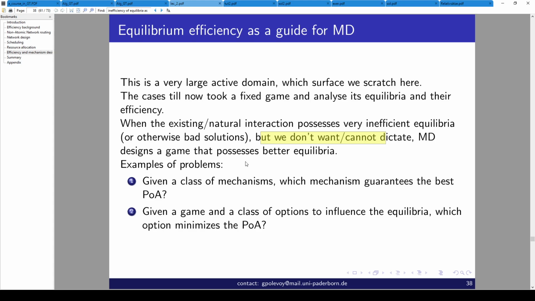Now another question is, when you are given a game already, it's not like from scratch. You can adjust the game so that the equilibrium will be influenced accordingly. Which adjustment shall you undertake in order to optimize the situation so that the price of anarchy is as close as possible to 1?